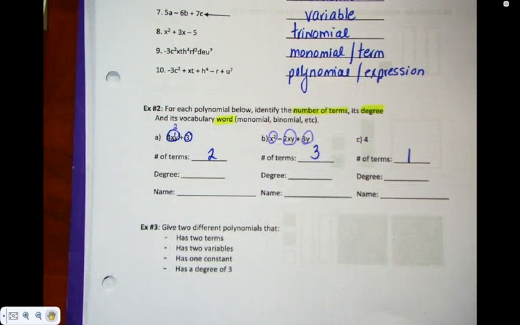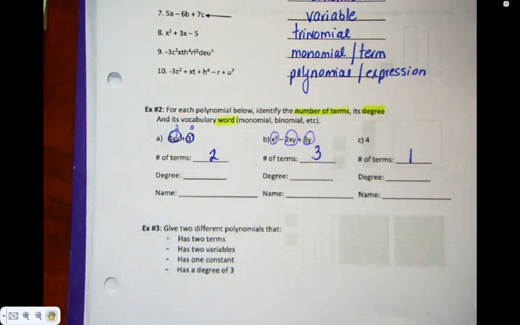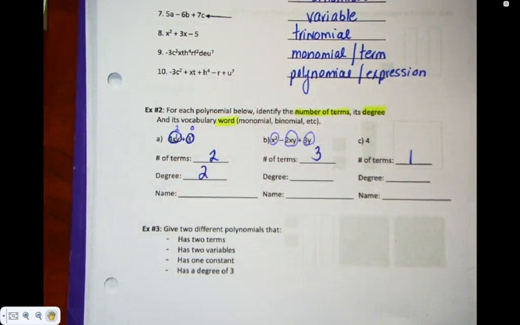Because there's a 1 on the x and 1 on the y, so that term has a total of 2. When I don't have a variable, what's the exponent? It's a 0. So this is said to be a degree of 0. So the first term has a degree of 2. The second term has a degree of 0. We're just looking for the higher number. Which one's bigger, 2 or 0? So this is called a second degree polynomial.